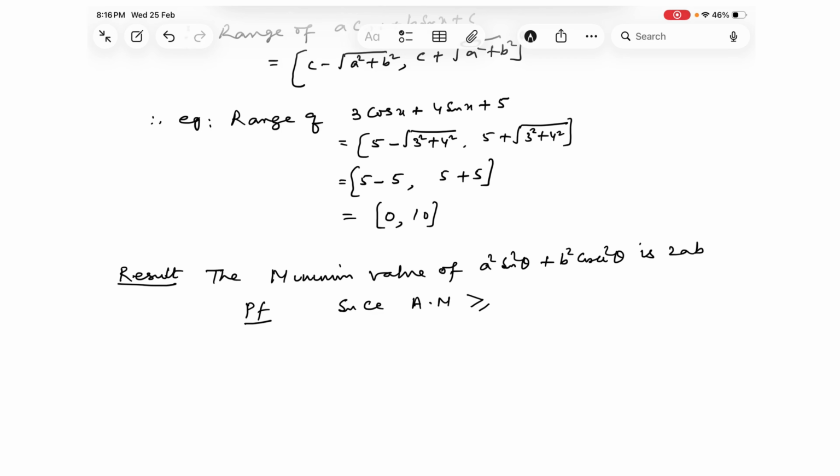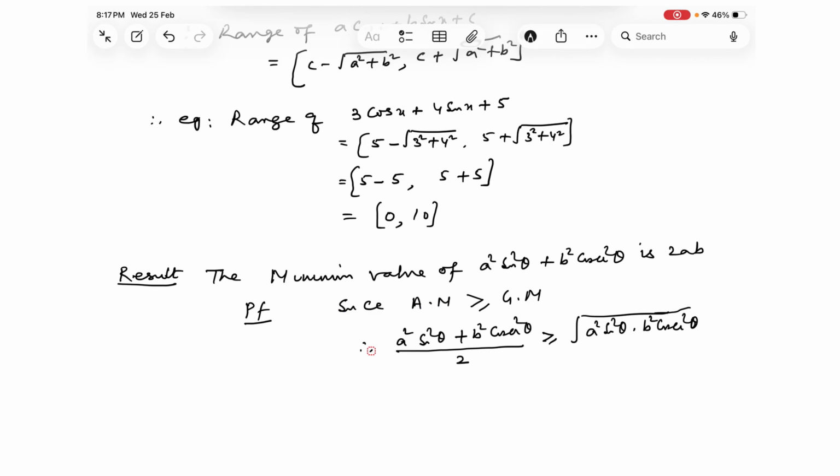Now a small proof of this: since the arithmetic mean of two positive real numbers is always greater than or equal to the geometric mean, the arithmetic mean of a square sin square theta and b square cosecant square theta is a square sin square theta plus b square cosecant square theta by 2, and the geometric mean is under root of a square sin square theta into b square cosecant square theta.